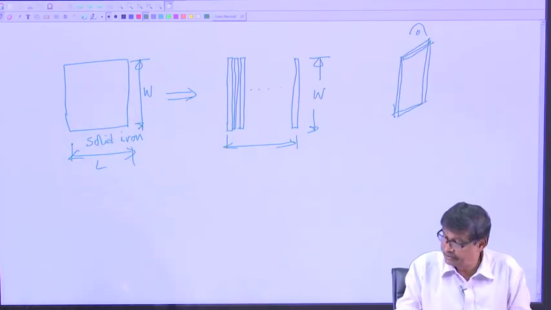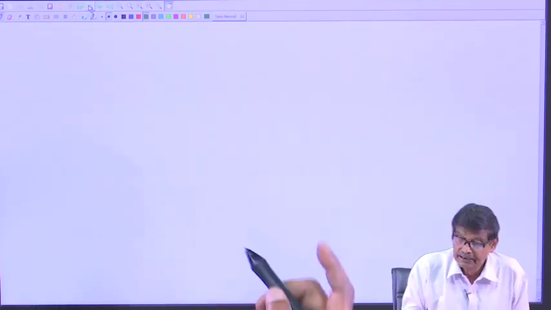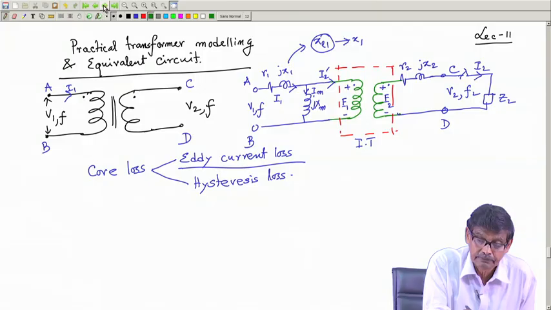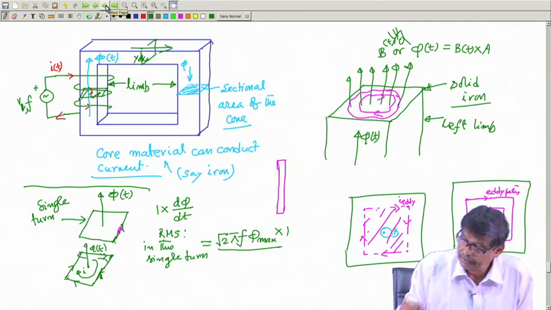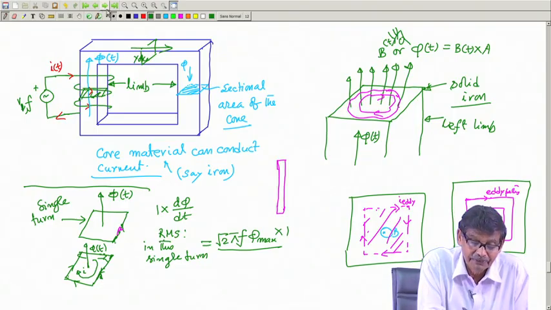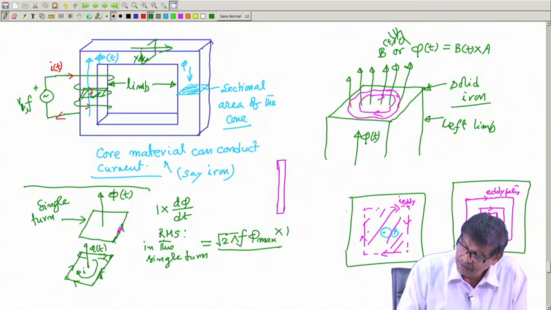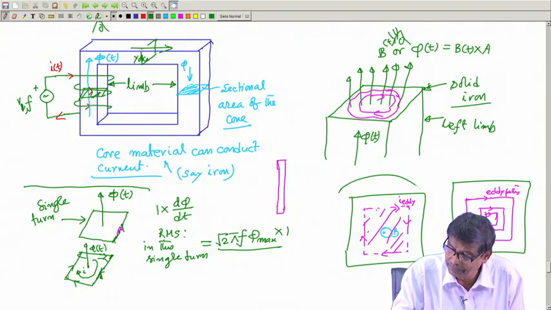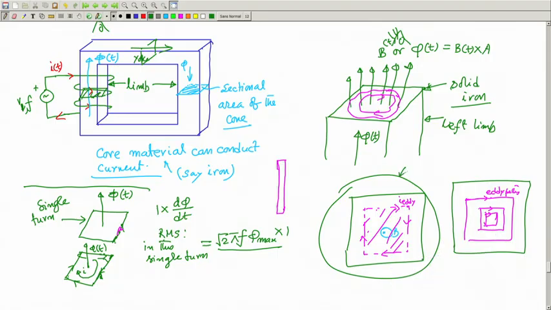In this previous diagram, if you see, where is the coil? If I draw it like this, the sectional view, coil must be shown here. This coil, if you look from the top, is this one. I think you have got the idea. This primary coil should be shown around, it creates flux like that.